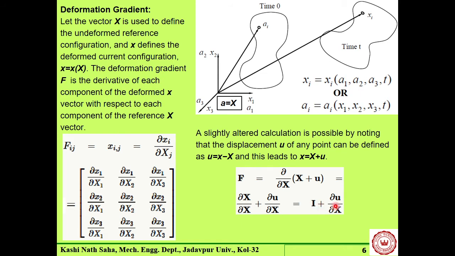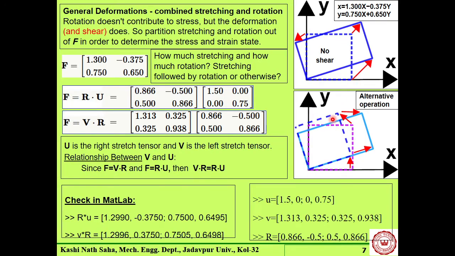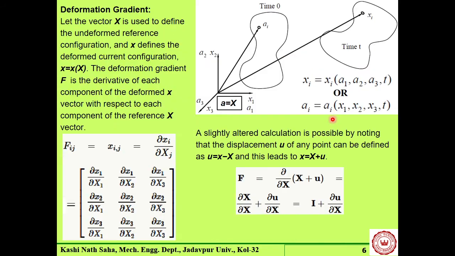So this is one way of representing it, with reference to this configuration we are describing. But you see what is shown here is basically the same phenomenon can be described with respect to this configuration also.